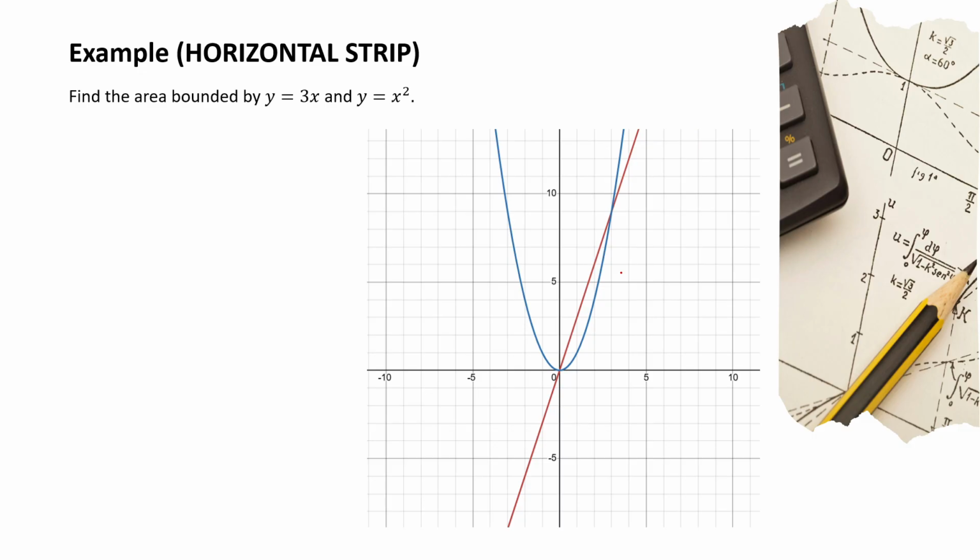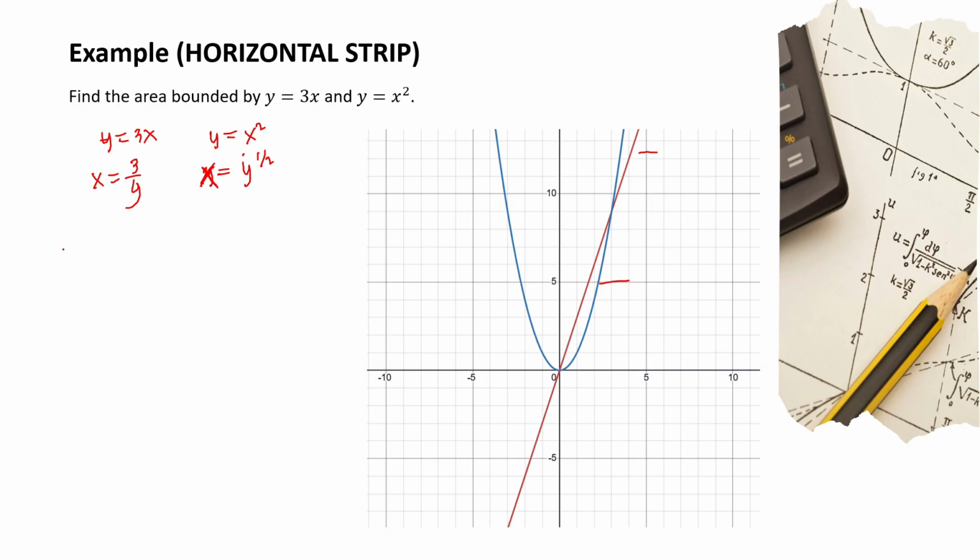In horizontal strips, the function is with respect to y, so we will transform these. y equals 3x, so therefore x equals y over 3. And y equals x squared becomes x equals y raised to 1/2.